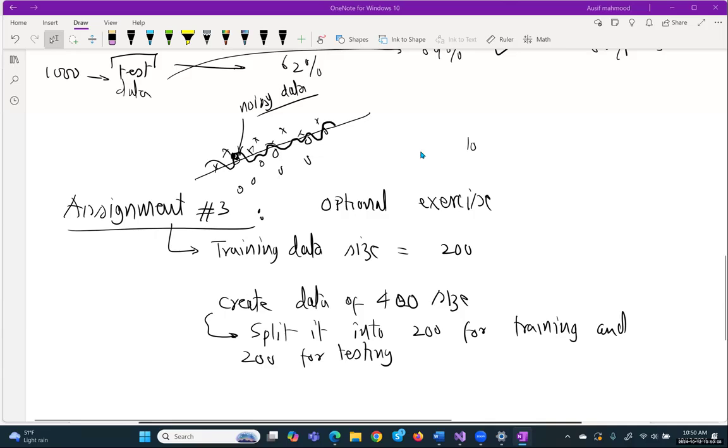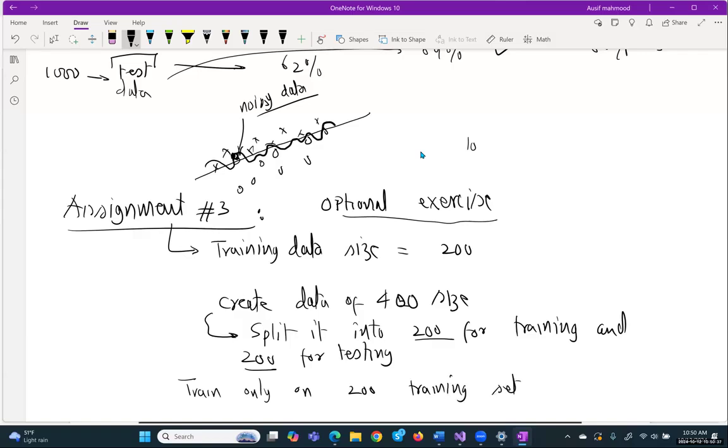Okay, so coming back to our optional exercise that you will do for your own learning: you will create data of 400 size. You'll split this data into 2 parts, 200 for training and 200 for testing. Then you will train only on the 200 training set.